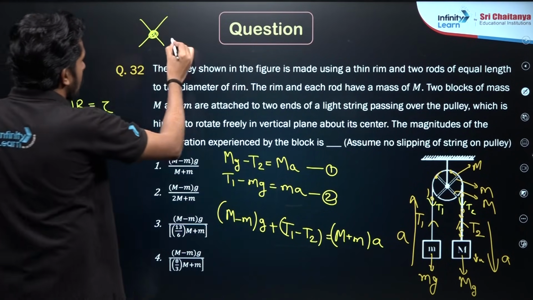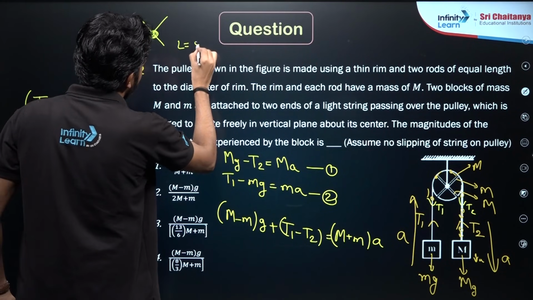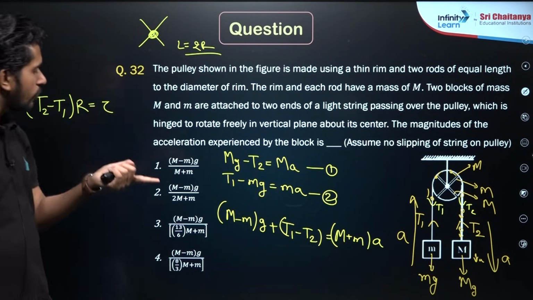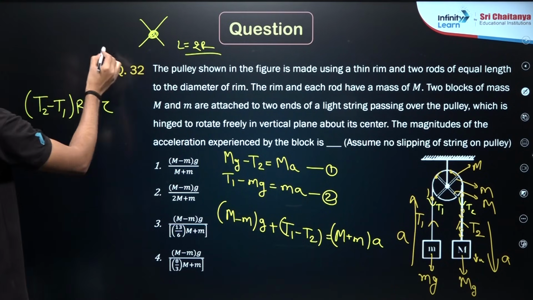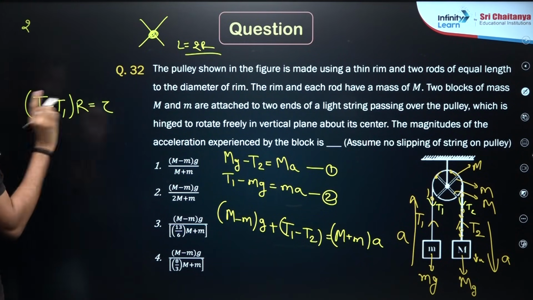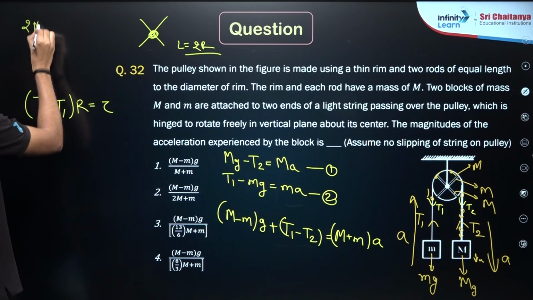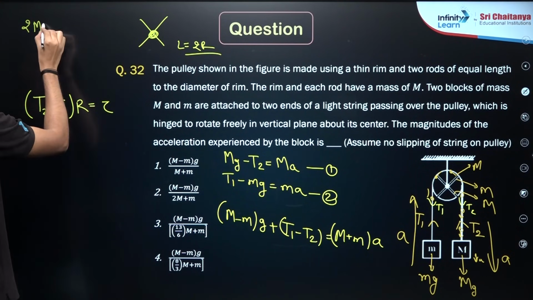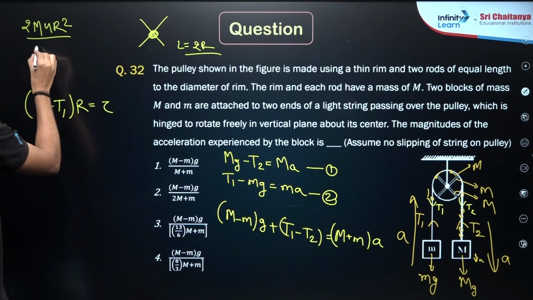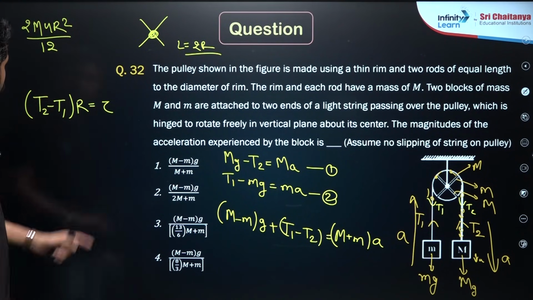But the length L is twice of R. Okay, the length of this rod is twice of R. So could I say the total moment of inertia for this would be 2 times m, and L is 2R, so 2 times 4 m r square by 12. Simple thing.